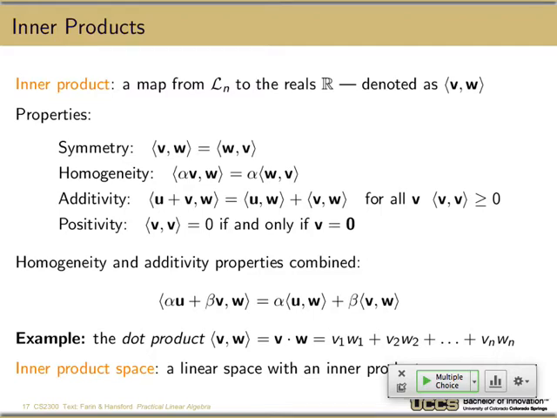So if I go to do the dot product, right, and I get a value of 0, is that always 0? Only if the vector is 0? So if I do a dot product of a vector times itself, think about what that is, right?